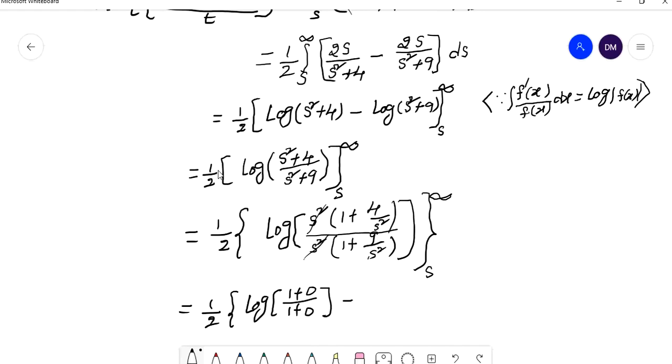Anything by infinity is 0. Minus, substitute the lower limit in the place of s: log of 1 plus 4 by s square by 1 plus 9 by s square, right? Now simplify this one. What happens? See that.